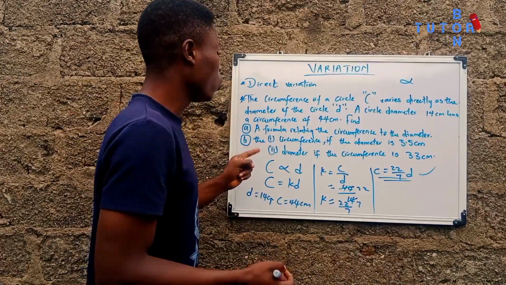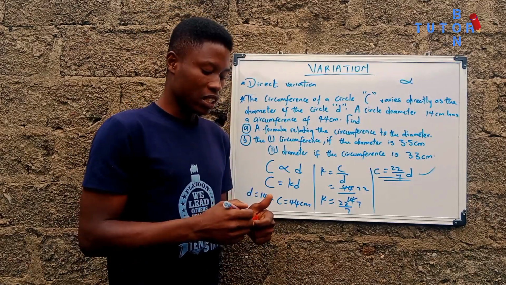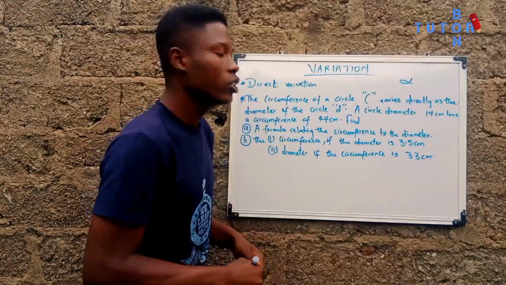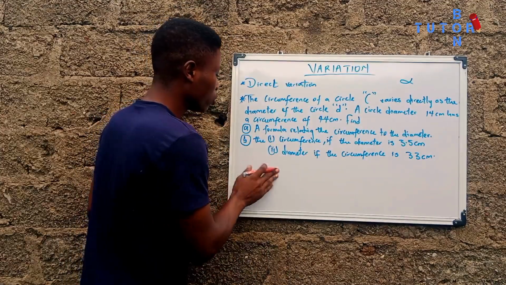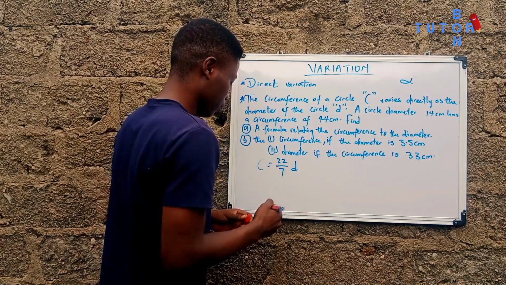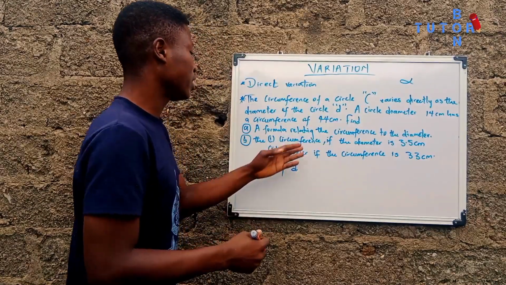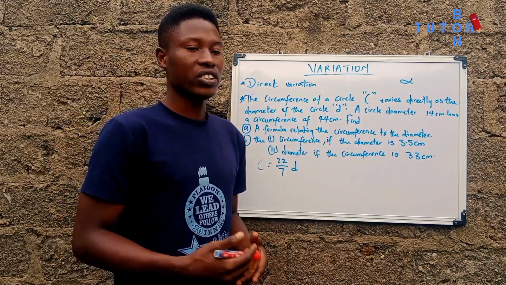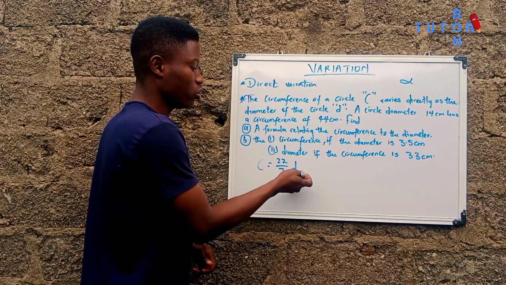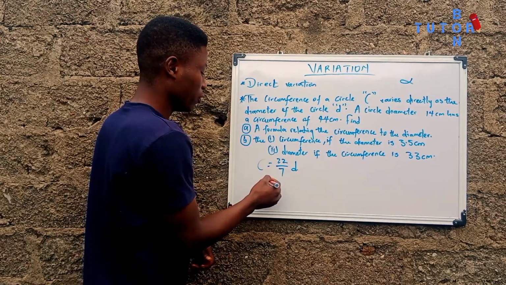Now let's move forward to question B. It asks for the circumference if the diameter is 3.5. Since we know that the formula relating the two together is C equals 22 over 7 D, you are told to find the circumference if your diameter is 3.5. What you have to do is just substitute 3.5 in place of the diameter.